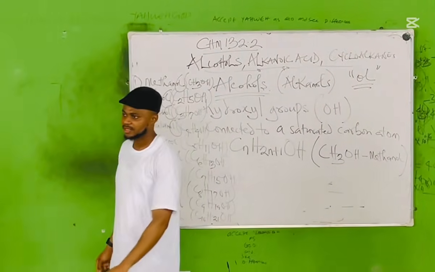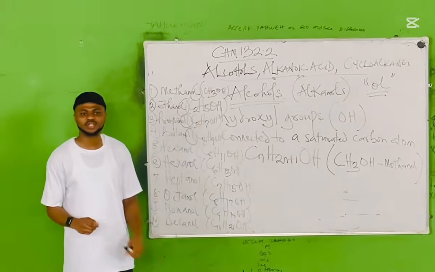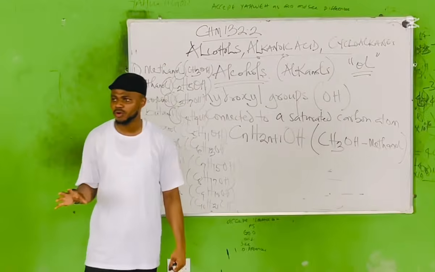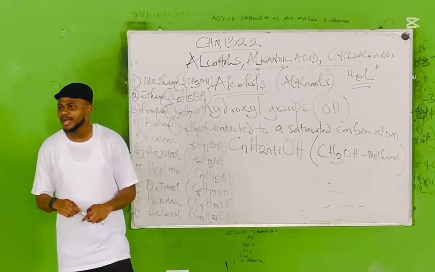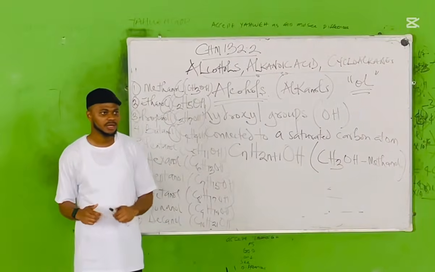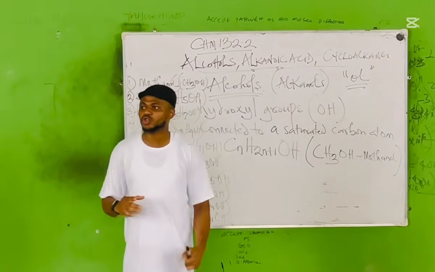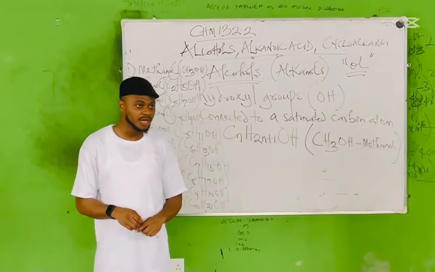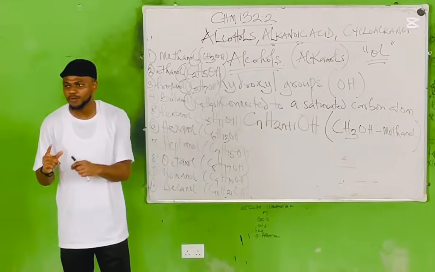Are we together? So now let us quickly look at nomenclature of alcohols. How can we name alcohol structures? That's what we want to look at now. When we are presented with structural formulas or skeletal formulas regarding alcohols, how can we name them?